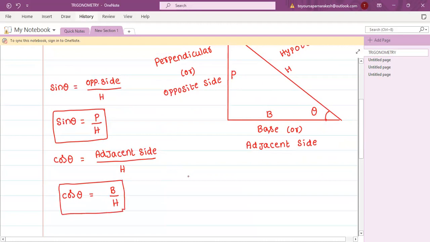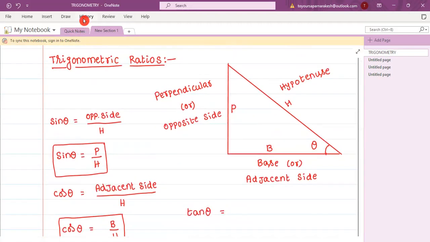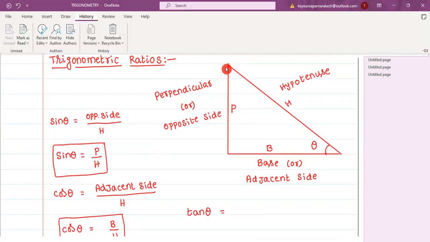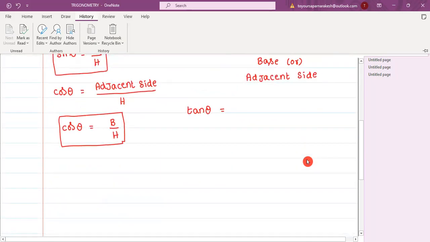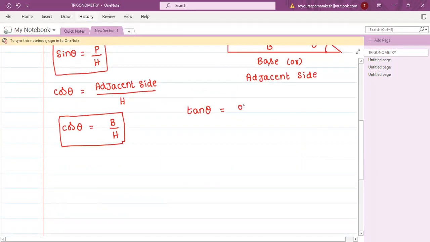Then, in the same triangle, we have to find tan theta. Tan theta means the length of the opposite side upon the length of the adjacent side.